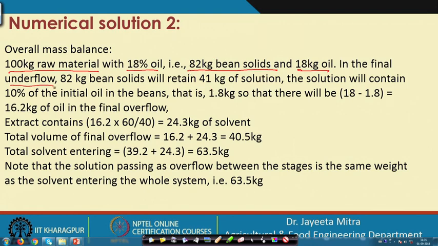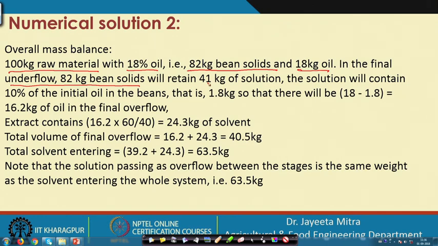So, in the underflow 82 kg bean solid will be there, and it was mentioned that half of that amount of this bean solid will be the solution part, because we have discussed this, that during leaching we can't get the dry solution. Initially, we will get two sections, underflow and overflow.